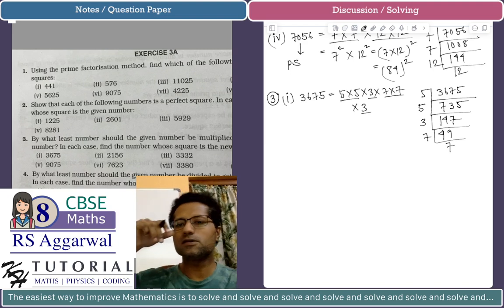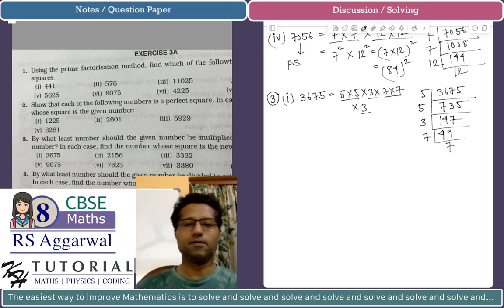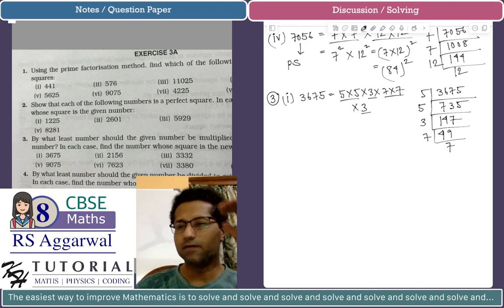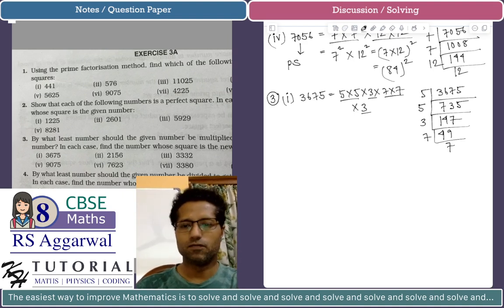So the idea is that you do the prime factorization, and whatever factors are left behind, all those factors are not part of any pairs. You have to multiply those factors again with that number to give a perfect square. So what do I mean?